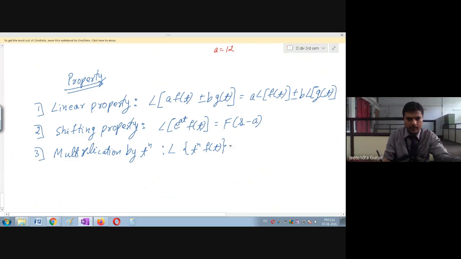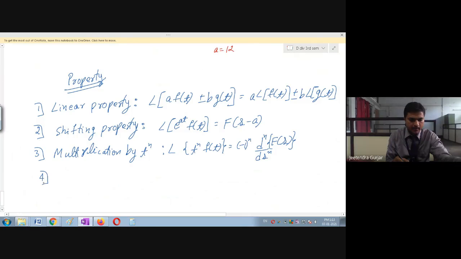We don't have any formula for multiplication, therefore we use this formula and simplify. So this is what we have, multiplication by t. Is it clear friends? Okay, the next property we will go.